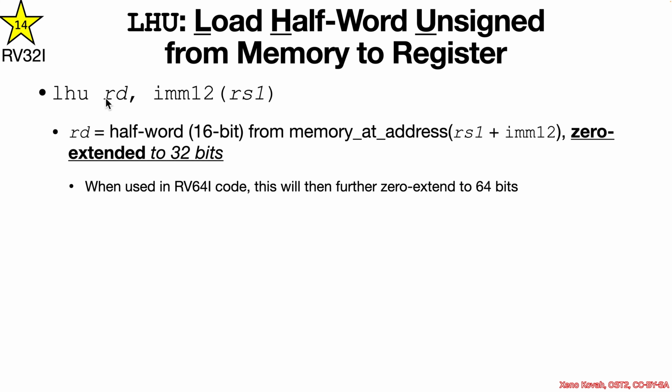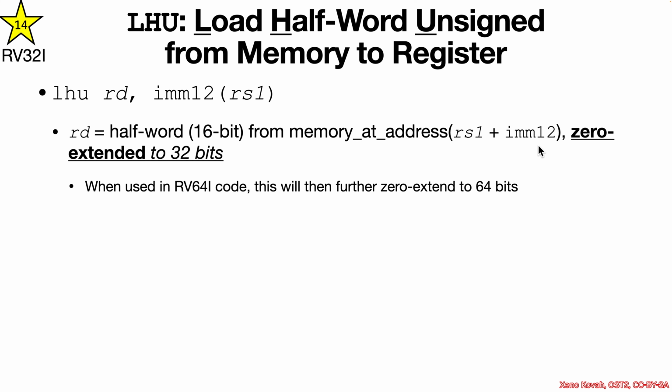So same way that it's written, and it's a load assembly instruction. So we know that loads collect memory from this side and load it into a register. So it loads the half word or 16-bit value from the memory address that is defined as RS1 plus immediate 12. The immediate 12 itself is still a signed value, so that will be sign extended and added to the RS1, so it could be plus or minus.